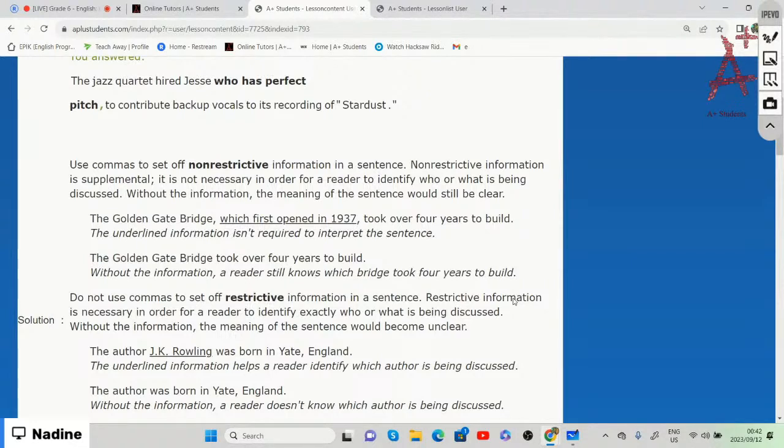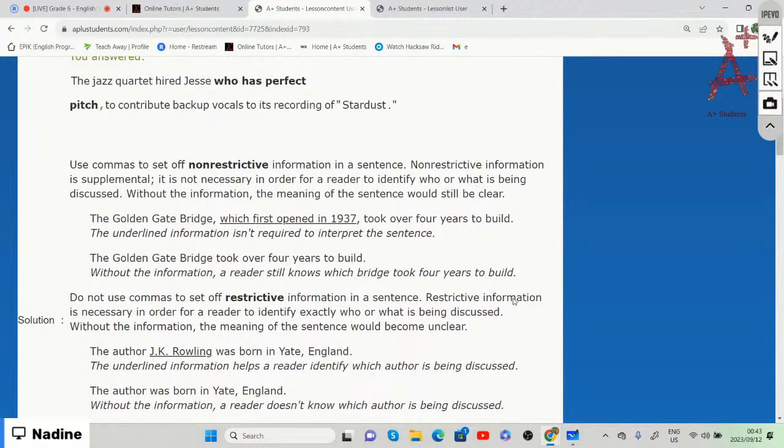It will not add to the identity of who or what is being discussed. And without the information, the meaning of the sentence would still be clear. Meaning, whatever you add on, all of the added information with all of the commas, the sentence would still be clear without that, right?